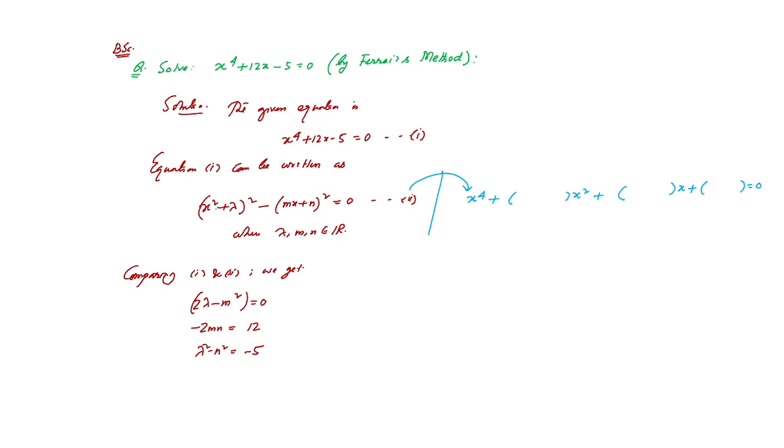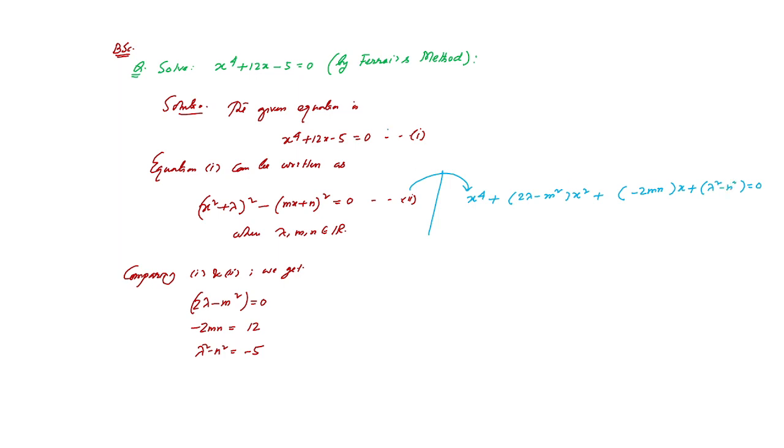Now 2 lambda x square, so from that we get 2 lambda. The x square term is also present in the other part, that will be minus m square as the coefficient. Now we come to x. Here x is present, that is minus 2mn. Notice the constant term in this expression, lambda square, and the constant term here, minus n square.